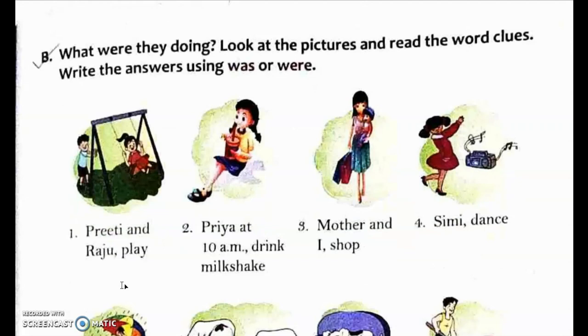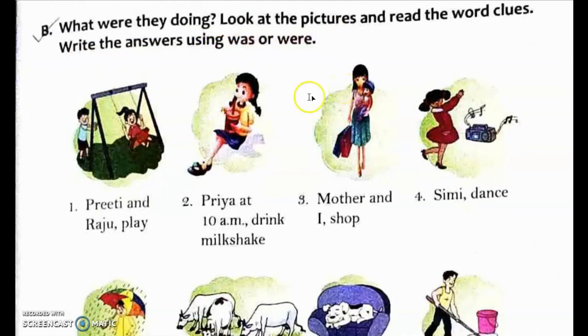Now let us move to exercise B on page number 60. What were they doing? Look at the pictures and read the word clues. Write the answers using was or were. So here we have to look at the pictures given.